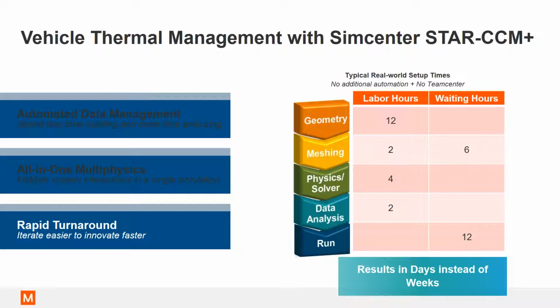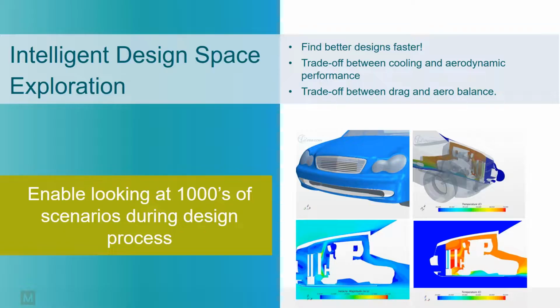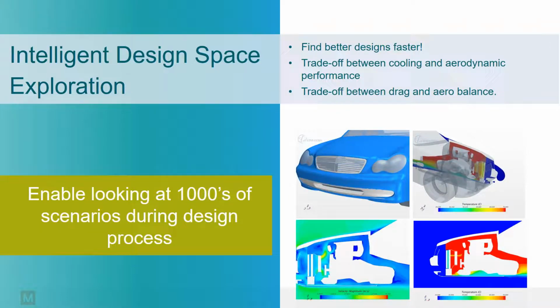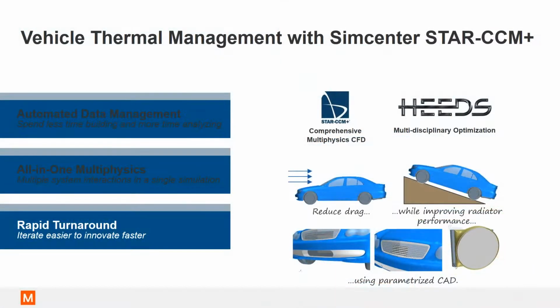The next most important part of the simulation is to find better designs faster. This pipelined automated workflow in Star CCM Plus enables easier design changes all the way from component swap to looking at thousands of different scenarios and trade-off solutions. You can take advantage of the multidisciplinary optimization tool HEEDS, which can be standalone, or we can take advantage of the Design Manager within Star CCM Plus to do multi-objective optimizations or design of experiment studies.